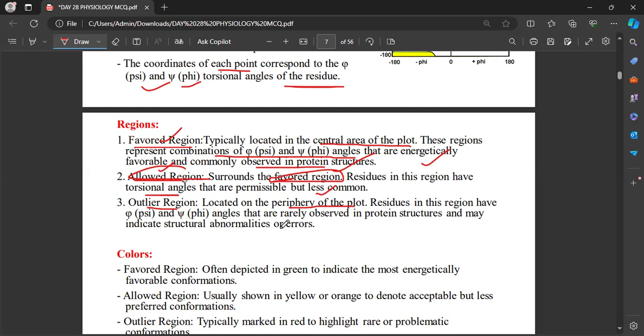The residues in this region have psi and phi angles that are rarely observed in the protein structure. So the commonly observed region is the favored region, less common is the allowed region, and rarely observed is the outlier region. If it is found in this region, then we can say there are structural abnormalities and there is an error in that particular protein.